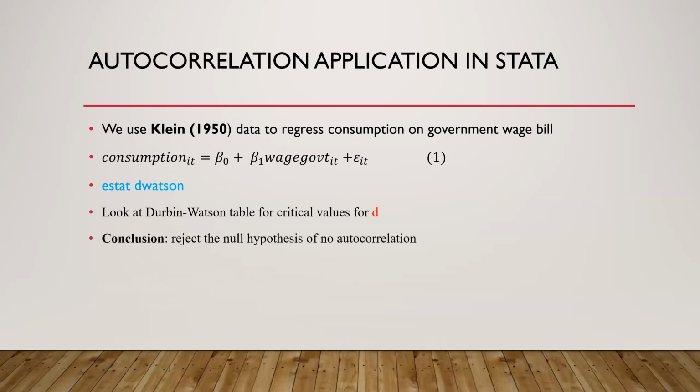And then we just look for the critical values for d, and then we will conclude whether we have an autocorrelation problem or not. From this analysis, we will conclude that we have an autocorrelation problem, and therefore we reject the null hypothesis. But let's look at how we come to this conclusion in Stata right away. Let's get to Stata and do that in practice.